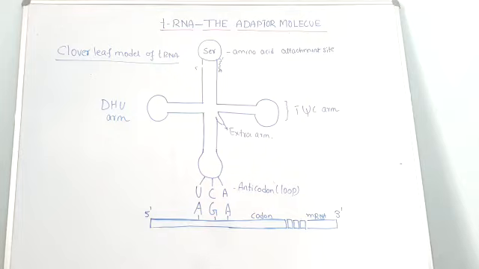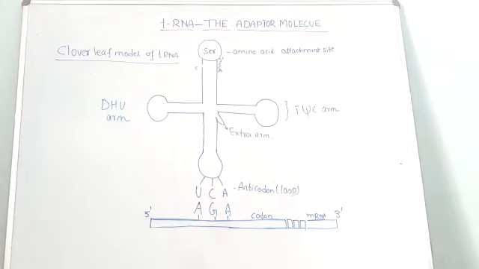Where are the codons present? Codons are present on the messenger RNA. If the anticodon is UCA, its complementary codon on the messenger RNA is AGU. Hence they are called anticodons. If the codon is AGU, its anticodon is UCA.